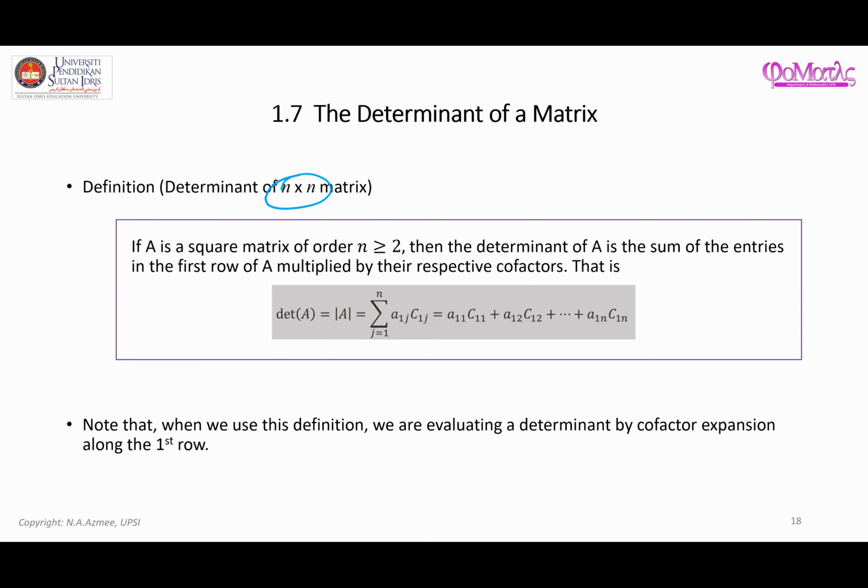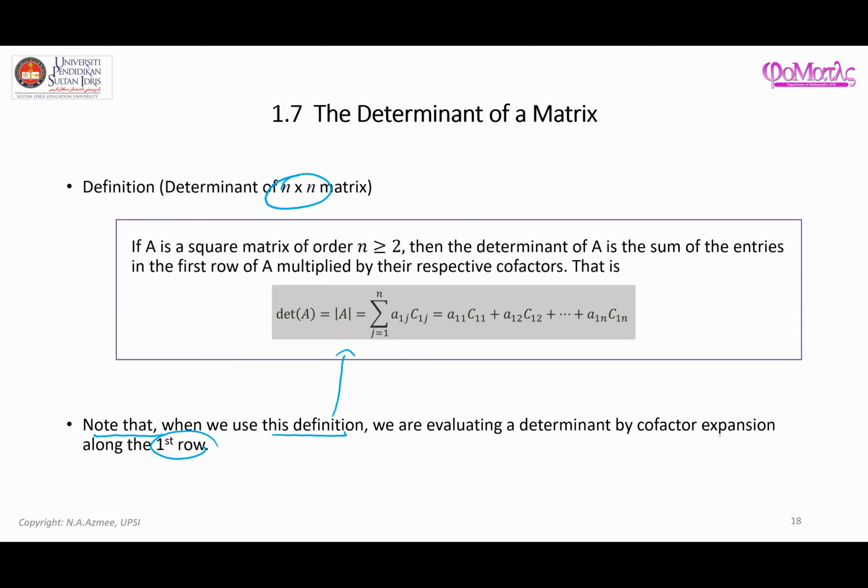So we're going to find the determinant of a 3 by 3 matrix or 4 by 4 matrix and so on. The formula given here is based on first row expansion. You are considering cofactor expansion along the first row, and I'm going to explain what it means.